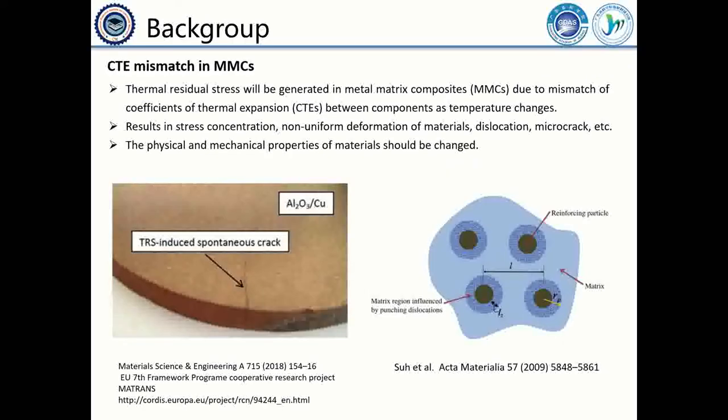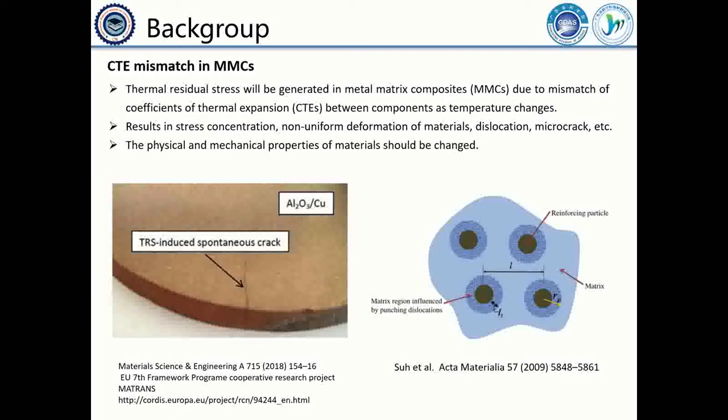Thermally induced stresses are generated in metal-matrix composites due to the mismatch of coefficients of thermal expansion between components as temperature changes.